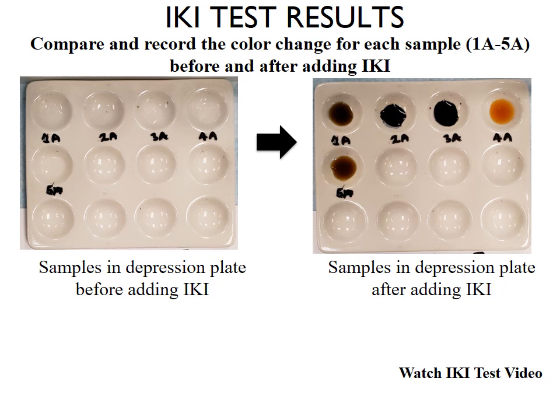Then the 4A still retains the color of the IKI, which means that there might not be any starch in the sample, which is why you have the iodine color there. Then the 1A and 5A look as if they must have been hydrolyzed, and that's why you have the coloration, which is different from the rest of your samples.